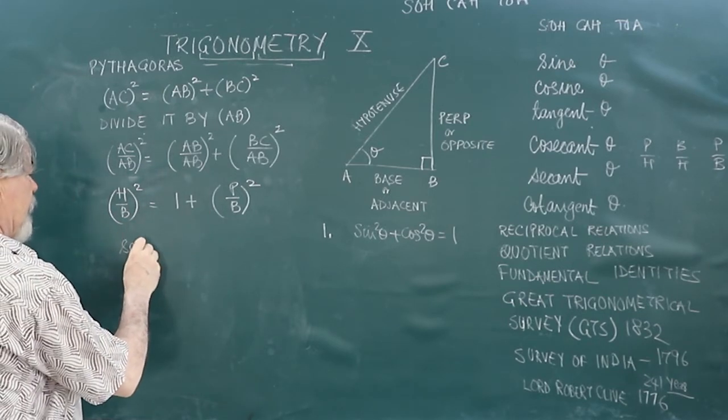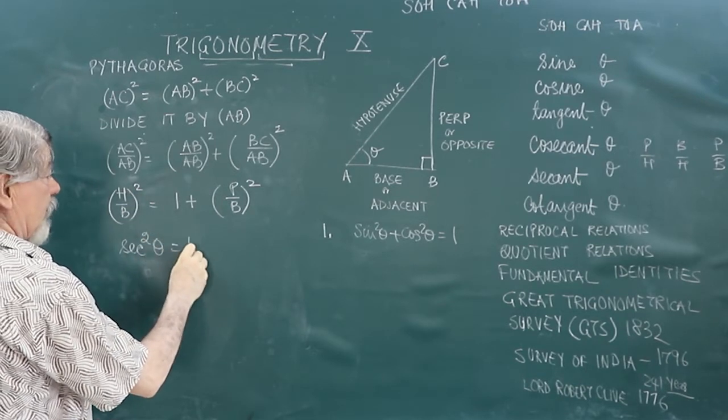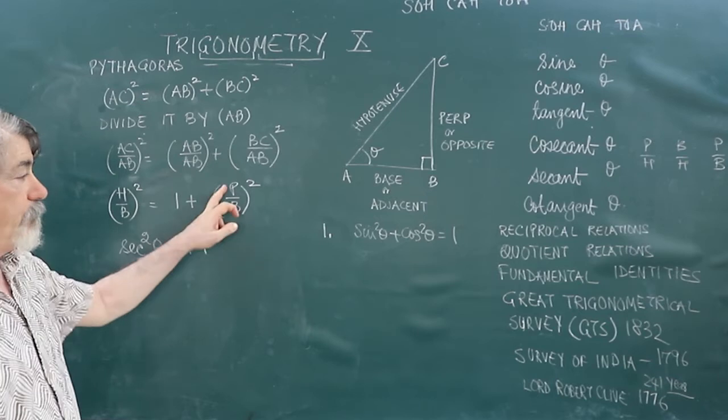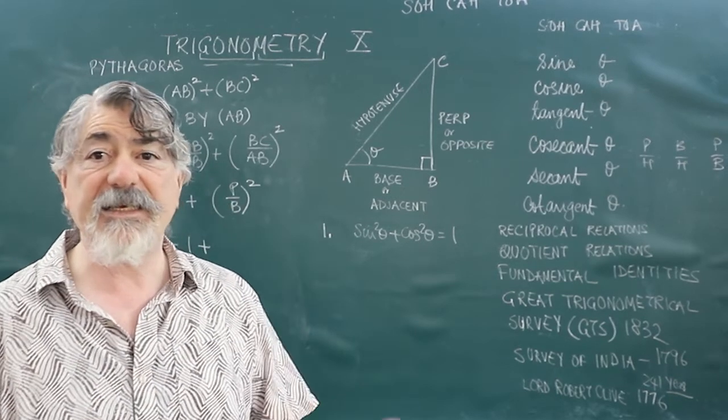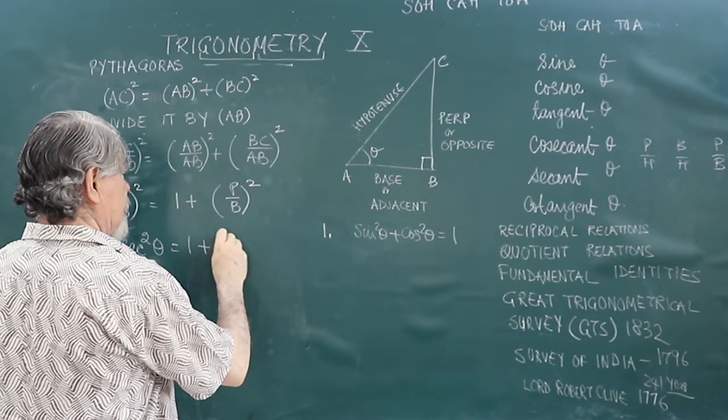So sec square theta, because it is a square, is equal to 1, plus perpendicular upon base, which is tan square theta. It becomes tan square theta.